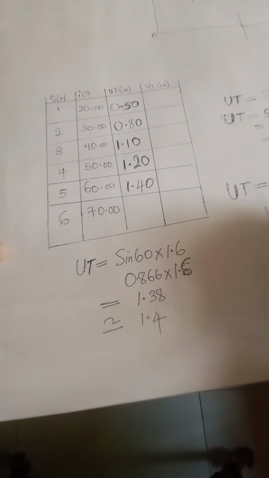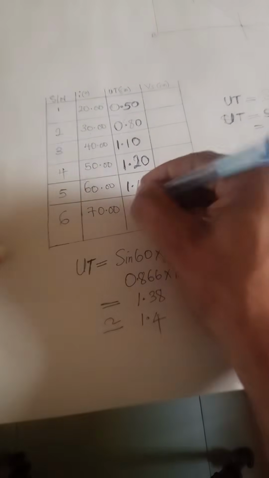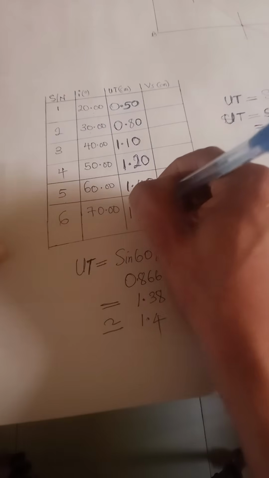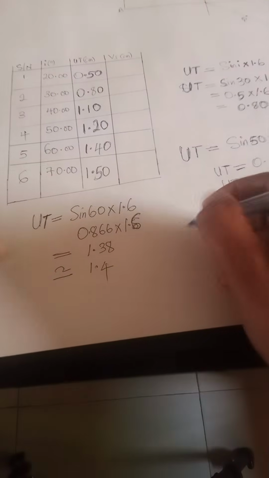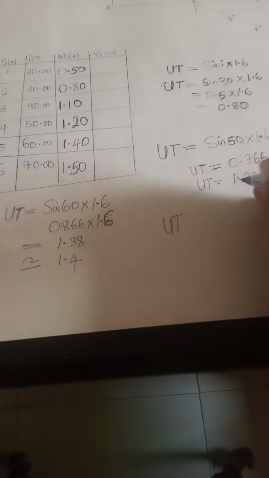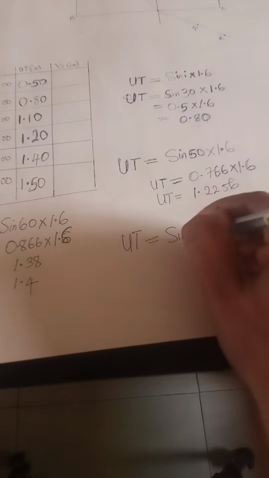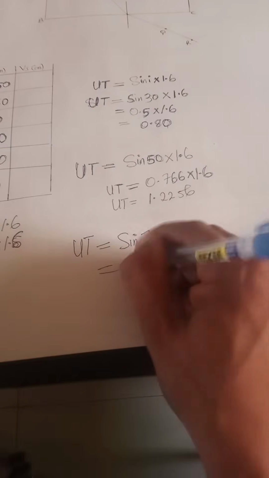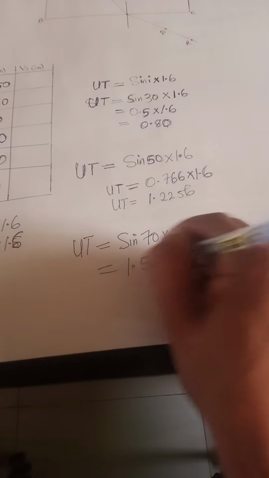So when you solve the last one, which is for this, you have the answer here to be 1.50. This is what you have, because ut there is going to give me sine what? Sine 70 times 1.6, which will give me 1.50.